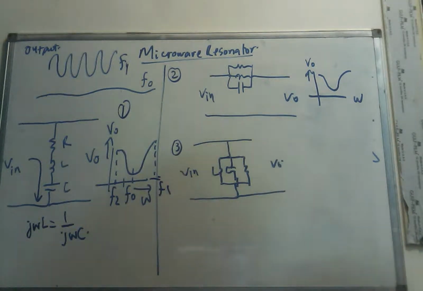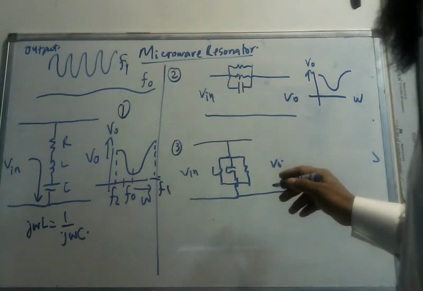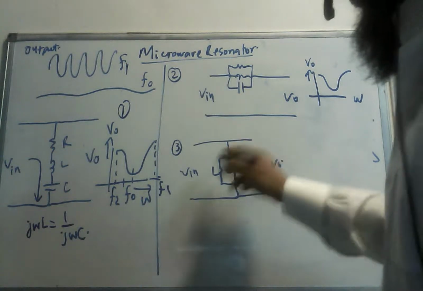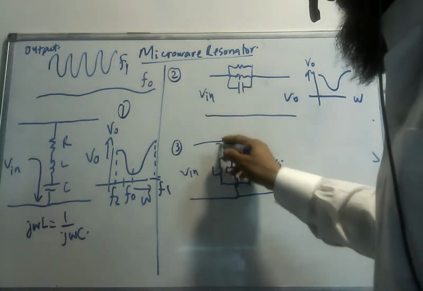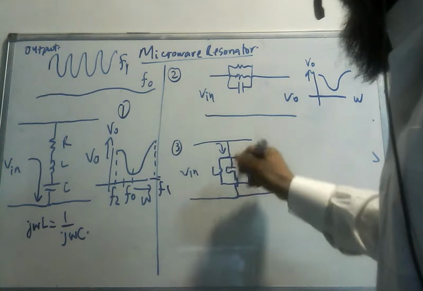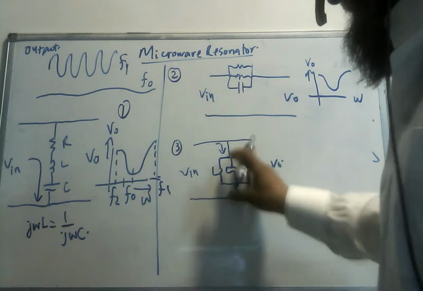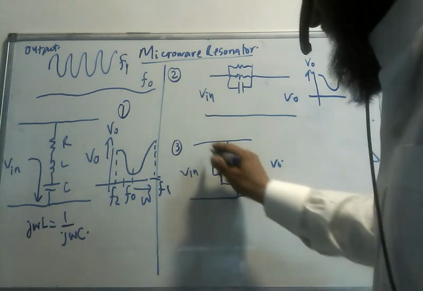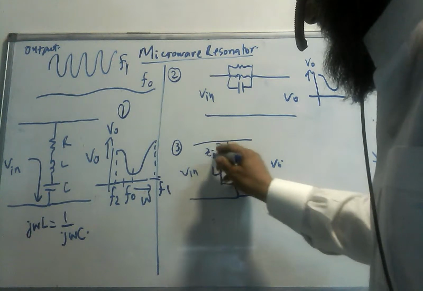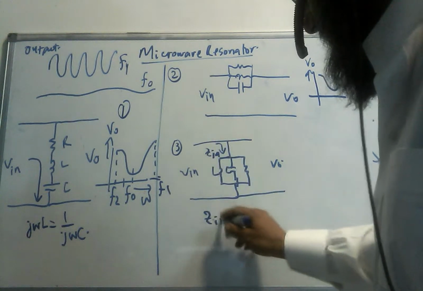So now, at the resonance, again, if you look at the impedance here, Z input, it is something like this.